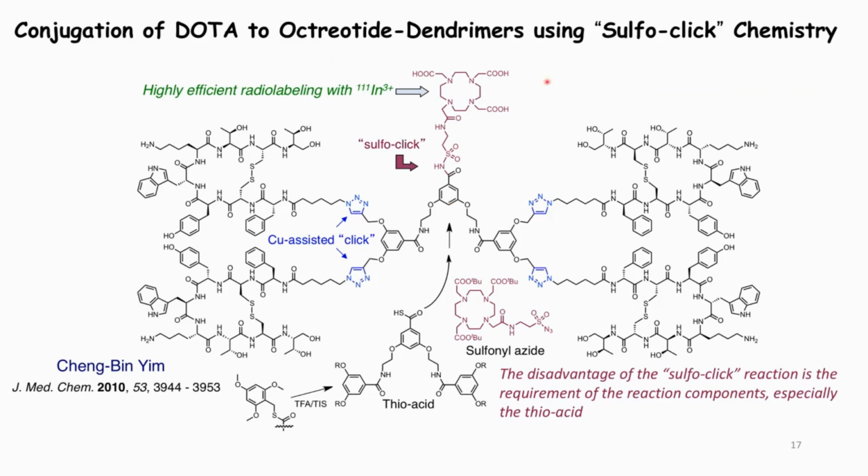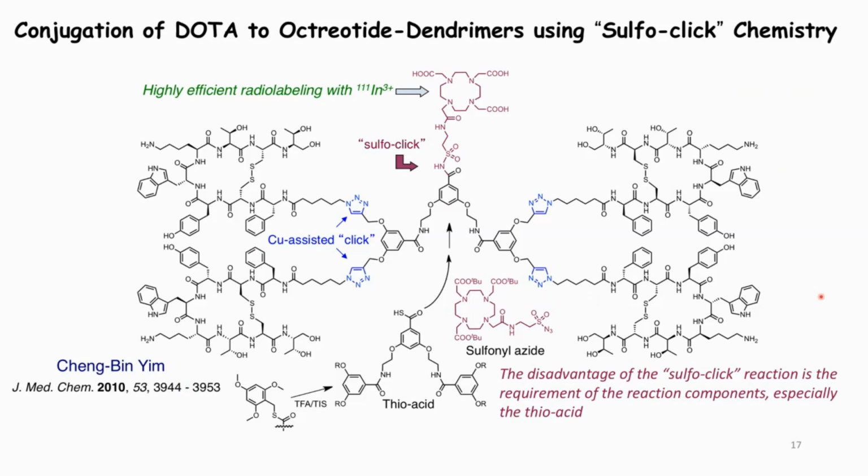That was with the preparation of this octreotide containing construct, which was used for the imaging of tumors. And we used the sulfo-click reaction as the last reaction for introducing this chelating moiety. This was work carried out by Cheng Yim in my group. And so this was in fact very promising for this type of compounds.